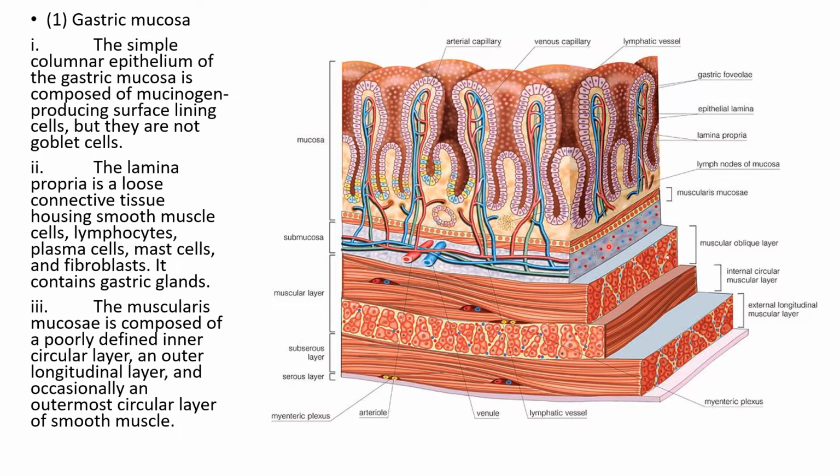Generally there will be two layers, one circular and another longitudinal, called muscularis mucosae, and occasionally there will be one more layer.